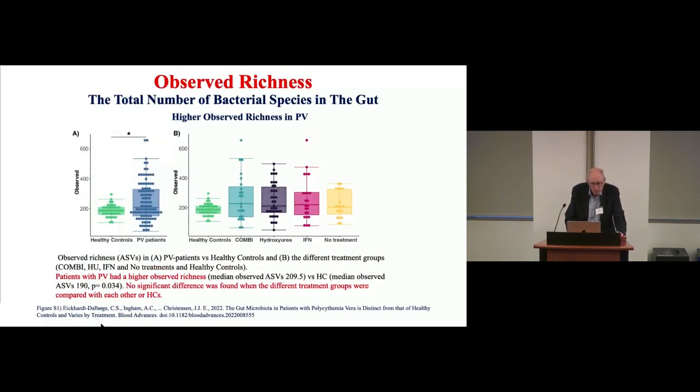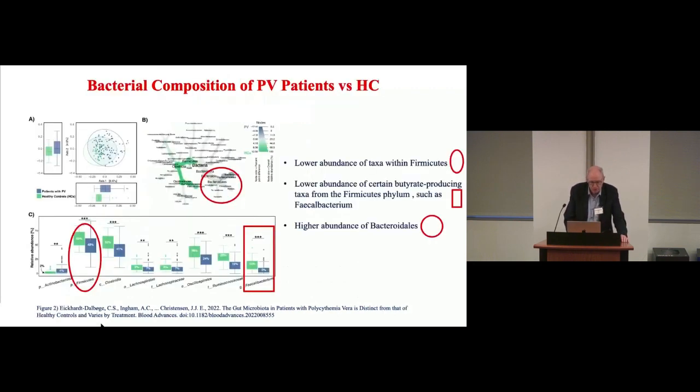So what we found was that patients with PV had a higher observed richness, and also that there were no significant difference between the different groups. Also, we found that patients with PV have a lower abundance of a taxa called Firmicutes, and when we have low levels of this bacterium, we have an increased risk of inflammation.